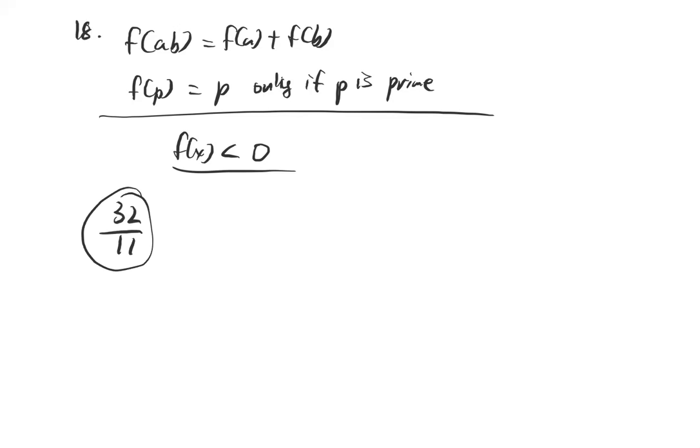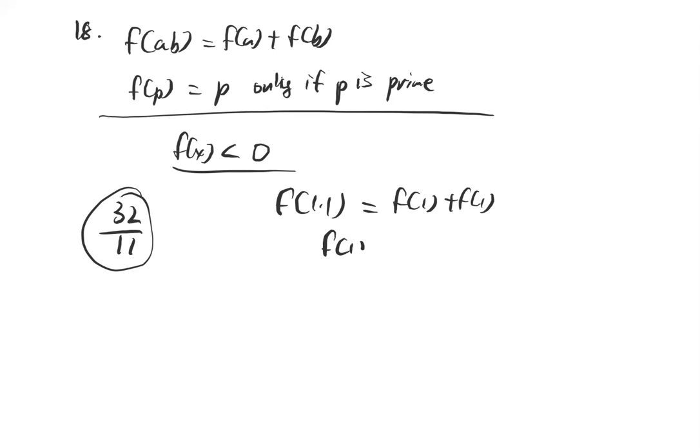I don't remember the other answer choices, but for this problem, you haven't been given any initial values, so you want to try out some values. A really obvious value you want to try is 1, because if you make both a and b 1, then what you get is 1 times 1 equals f(1) plus f(1), so f(1) equals f(1) plus f(1).